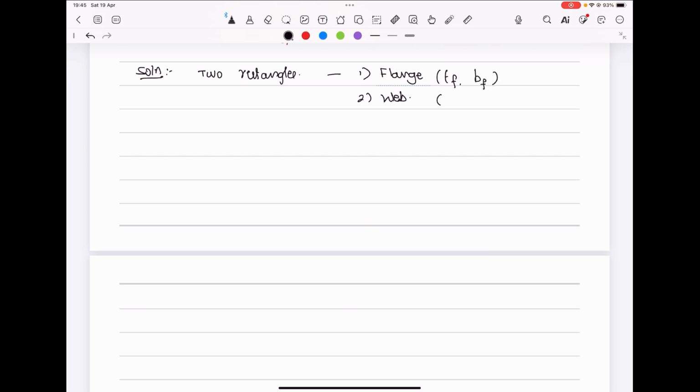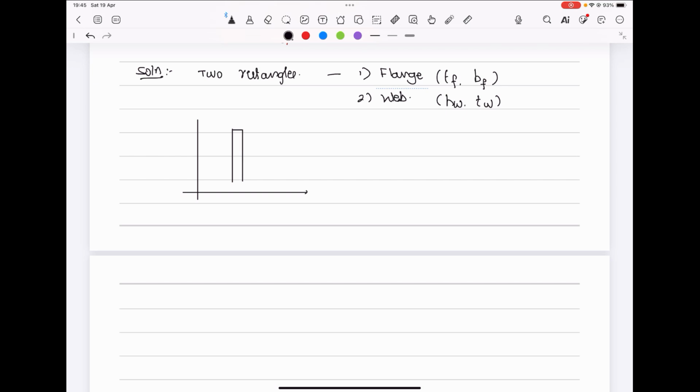The web will have a height and the web will have a thickness. In the rectangular beam, what I told you, when it is with respect to the x-axis, some rectangle is there.